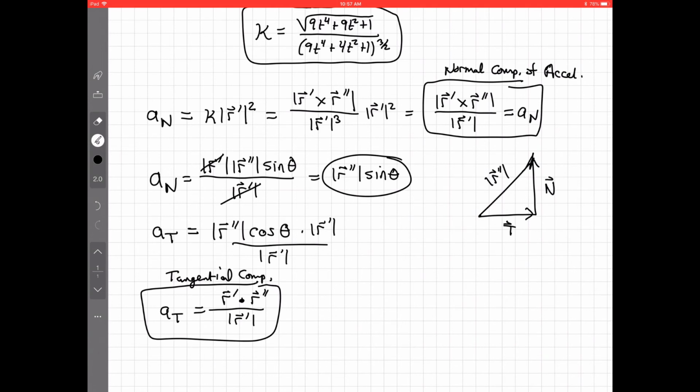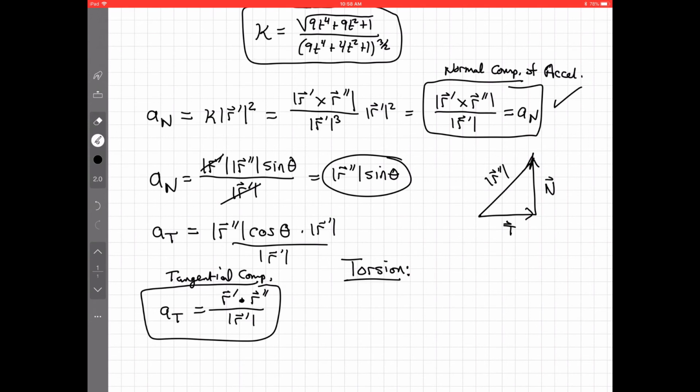Isn't that nice and clean? So the tangential component is r prime dot r double prime over the length of r prime, whereas the normal component is the length of the cross product r prime cross r double prime over the length of r prime.